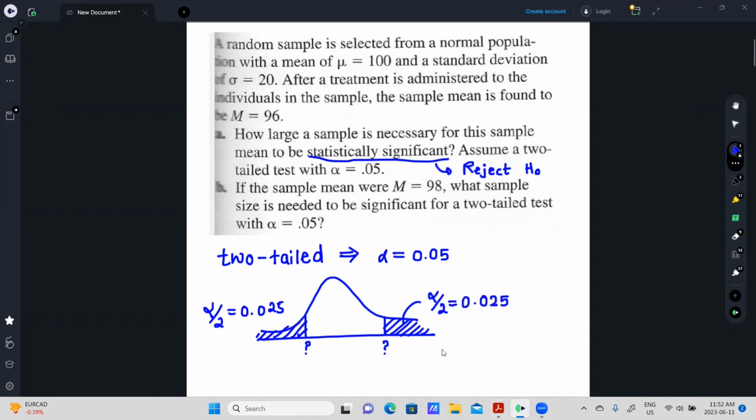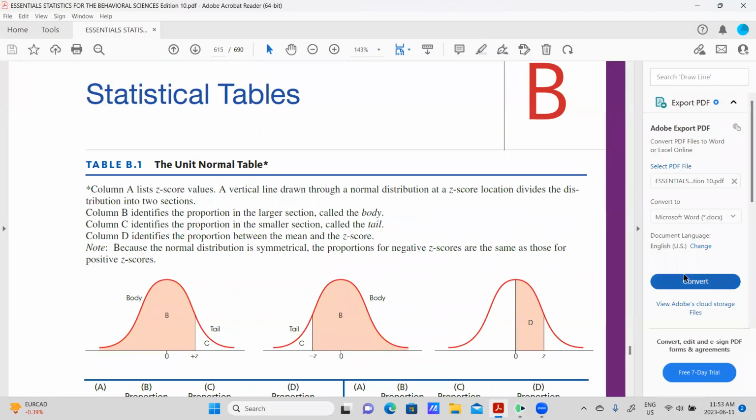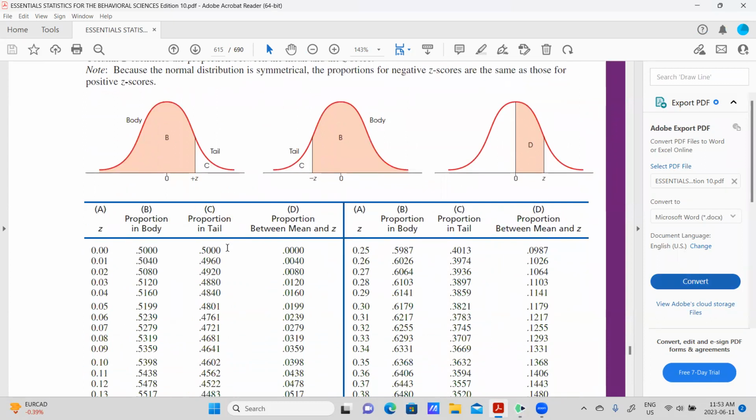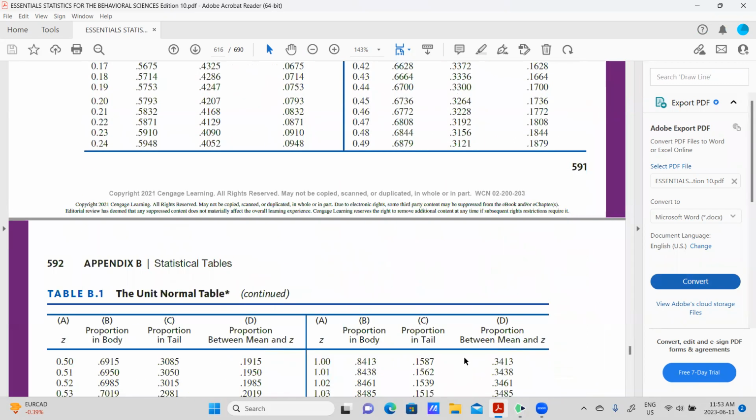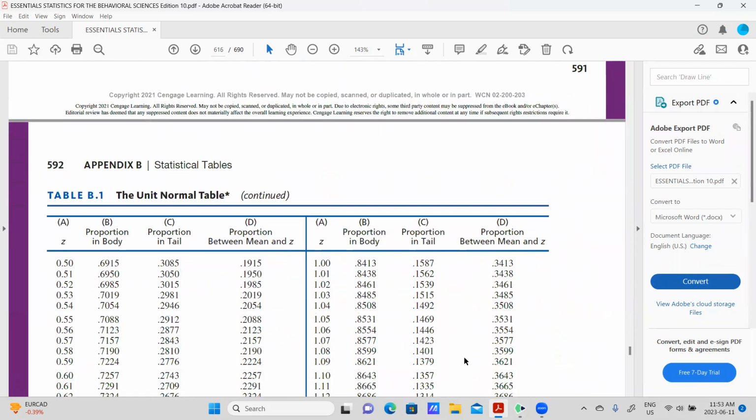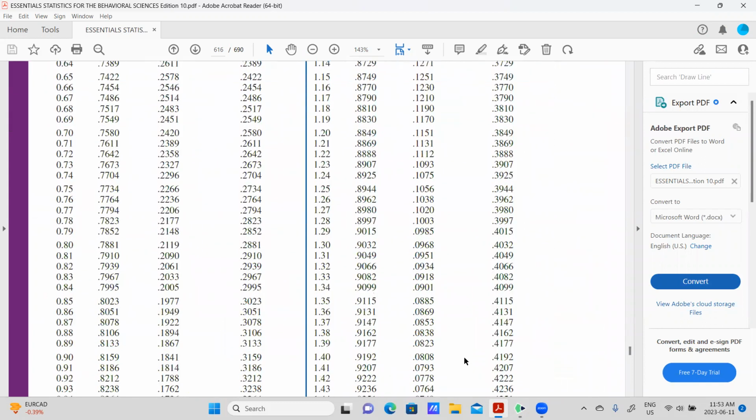Since I know the probability in the tail, which is 0.025, let's go back to the table and see. Here column C shows the tail, and I'm going to find the value Z. I know the probability of this area is 0.025, so I'm going to scan through column C until I find something approximately equal to 0.025.